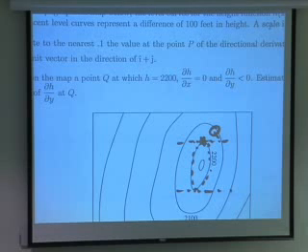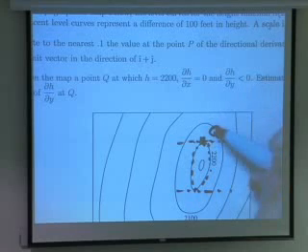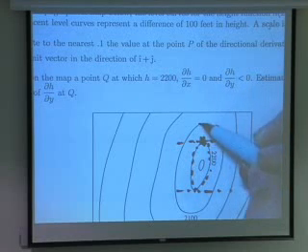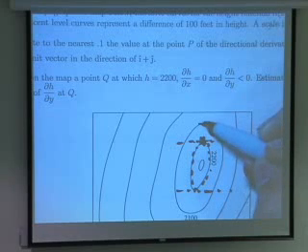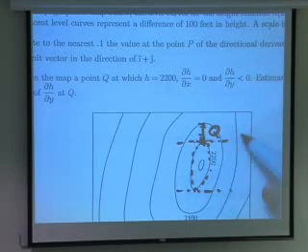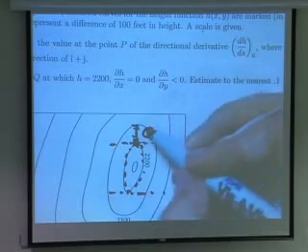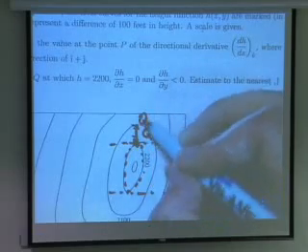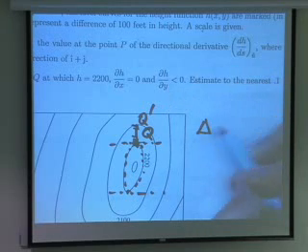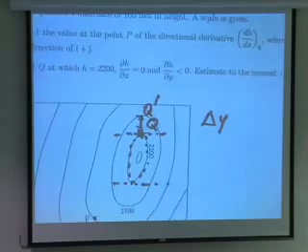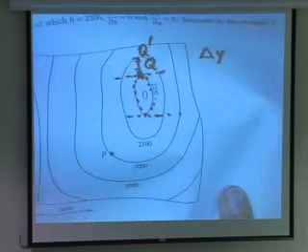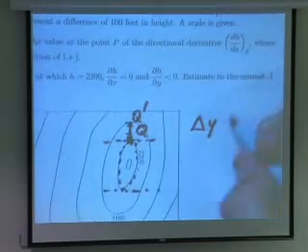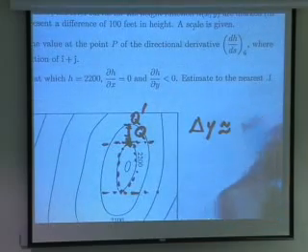Now the problem was also asking you to estimate partial h/partial y, and just if you're curious how you would do that, you would try to figure out how long it takes before you reach the next level curve. To go from q to this new point, say q prime, the change in y, you'd have to read the scale, would be about 300.